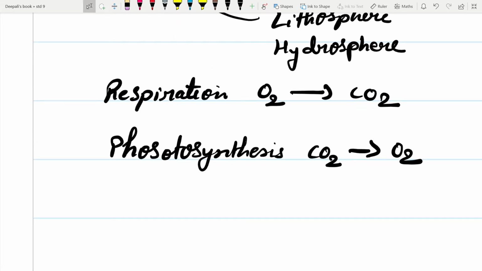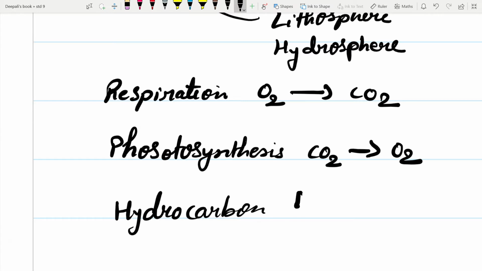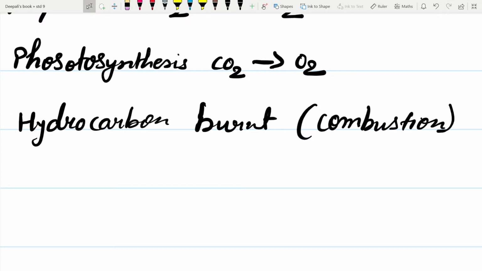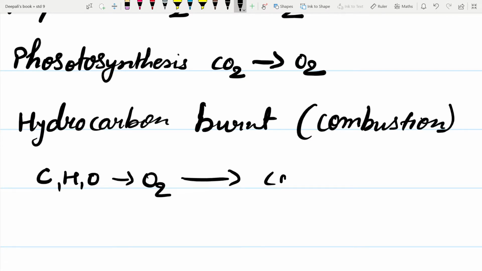Second is when the hydrocarbons are burned or combusted. It burns in presence of oxygen, that is C, H and O molecules burn by taking up O2 that releases CO2.